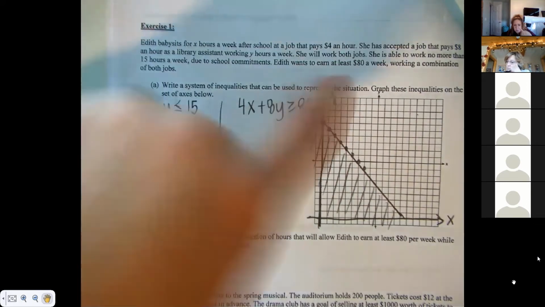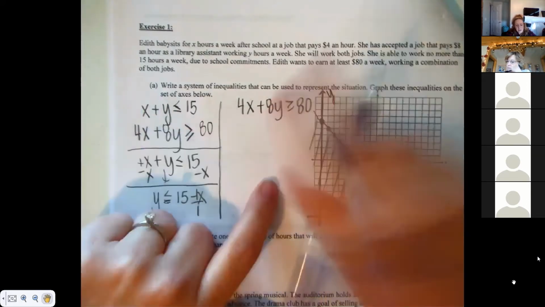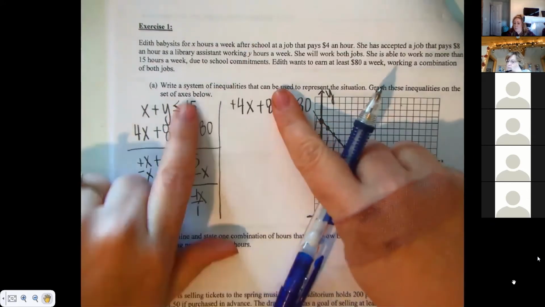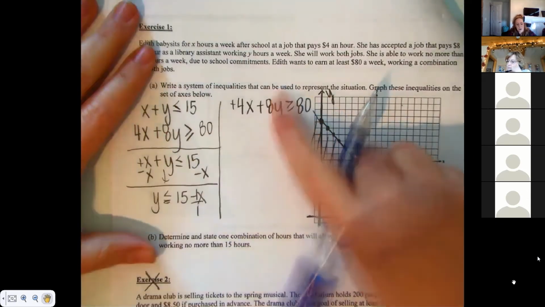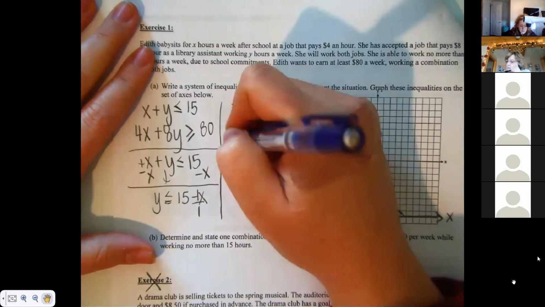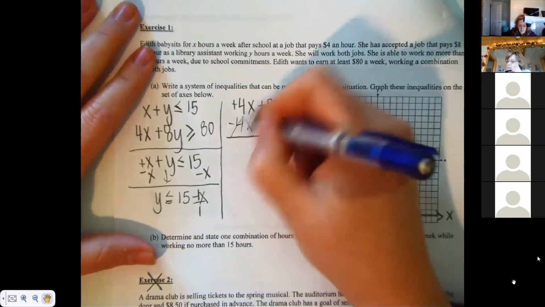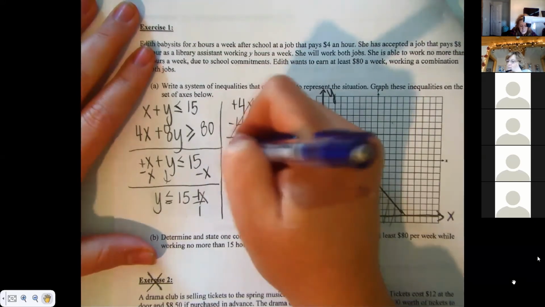Okay. Next one, same idea. I'm going to solve for y, cover it. Right in front of my 4x, I don't see a minus sign, so that must mean that there's a plus sign. To move it, I'm going to subtract it. So minus 4x, minus 4x. Alrighty, cancels, comes down to play.